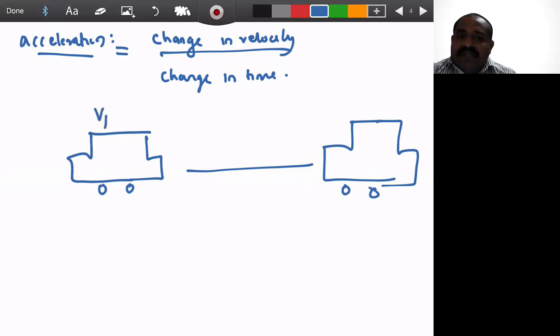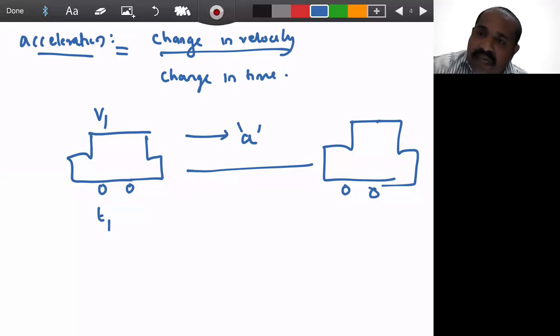Initially, this vehicle has a velocity v1 at a time t1. If we apply a constant acceleration, of course, acceleration may or may not be constant, I'm applying a constant effort using an accelerator to change its velocity.